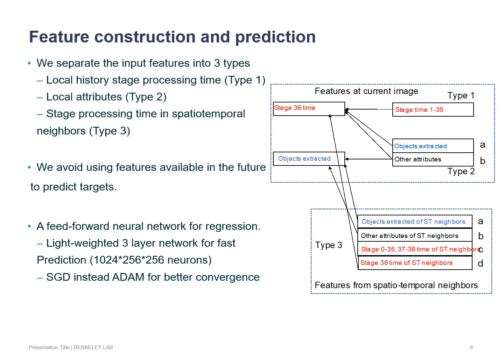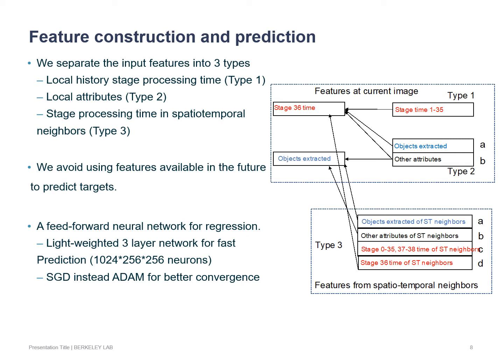To predict either stage 36 processing time or the number of objects extracted, we need to define attributes for making such predictions. There are two constraints for the prediction model to produce useful inferences. Firstly, the input attributes of the prediction model should be available before the output of the prediction occurs.